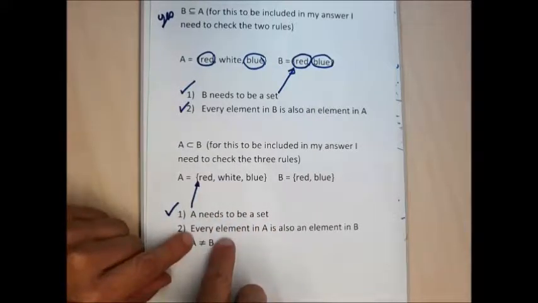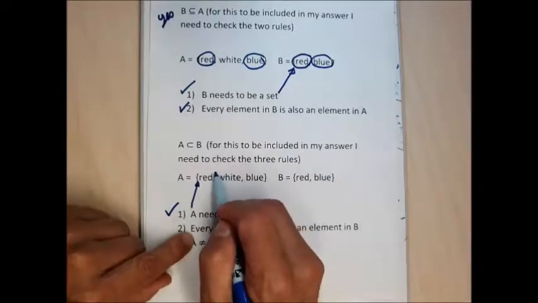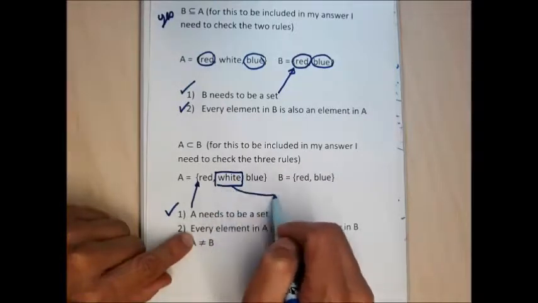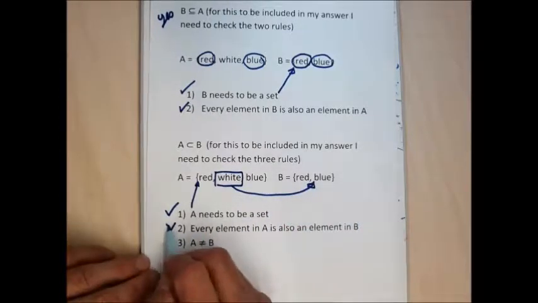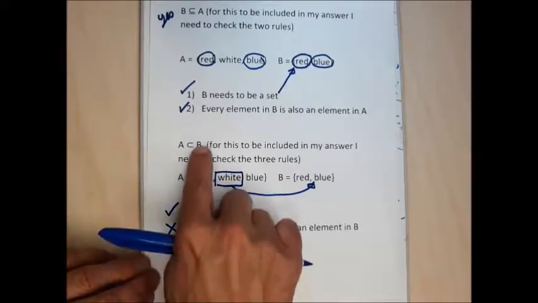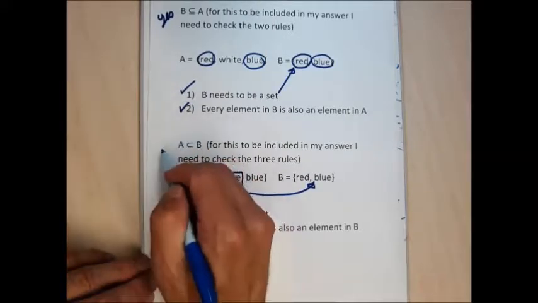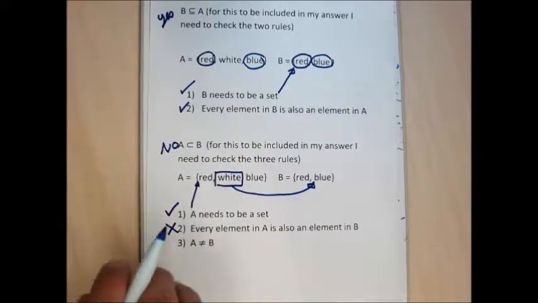Second criteria, every element of A has to be an element of B, and this is the one that's violated because there's an element in A that's not also in B. And as soon as one of the three rules for a proper subset is violated, then you can stop and that won't be part of my answer.